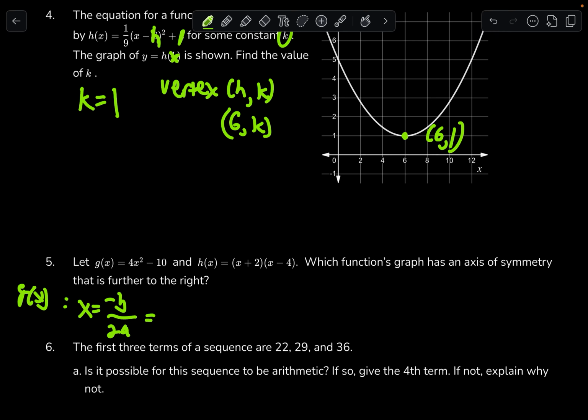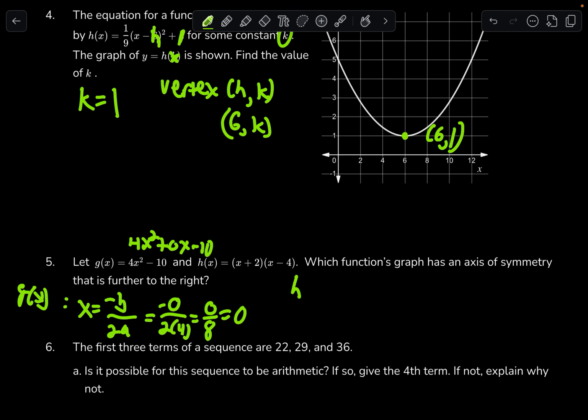But remember, b is the number in front of the linear term. There is no linear term. Matter of fact, this can be thought of as 4x squared plus 0x minus 10. So what you have to realize is that b is 0, not negative 10, which some kids might say. So this is going to be the opposite of 0 over 2 times 4, which is 0 over 8, which is 0. So the axis of symmetry is at x equals 0 for g of x.